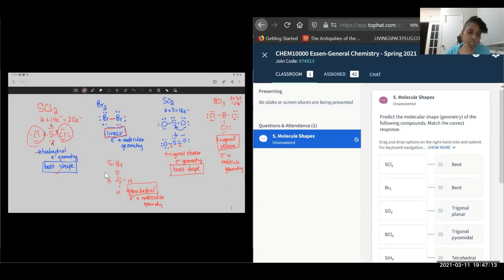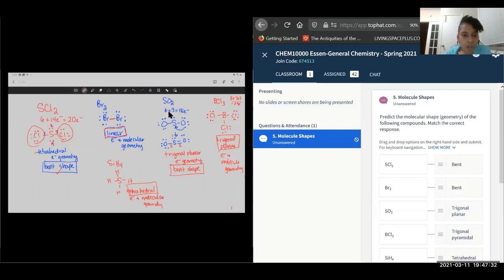Once you figure out what the shape is for CH4, you can always figure out anything else in that same group has the same type of shape. So SiH4 is going to be tetrahedral electron and molecular geometry.